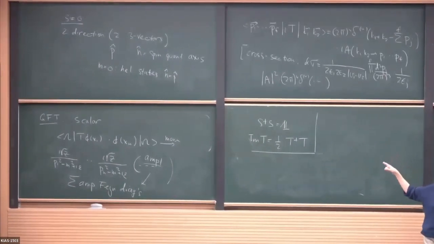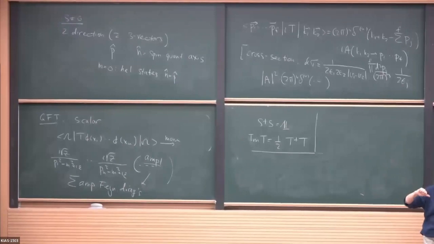My n is not the direction of the spin, it's the spin axis. It's the direction along which I define the spin. For a massless particle, the particle has only two helicity states. Yeah, but it's the momentum axis. Okay, thank you.